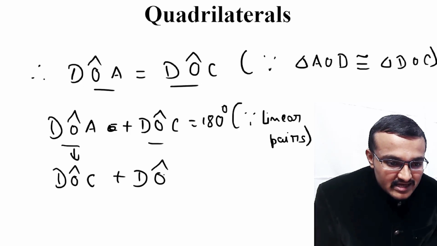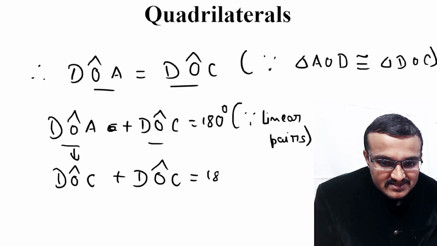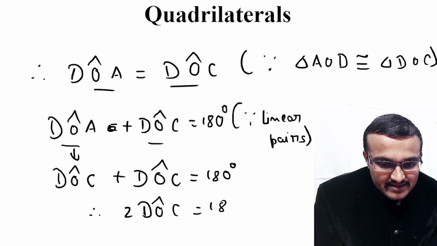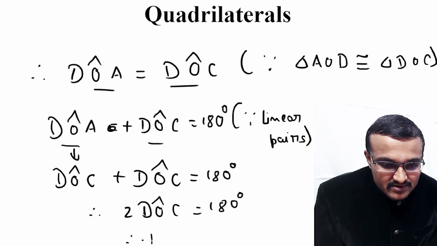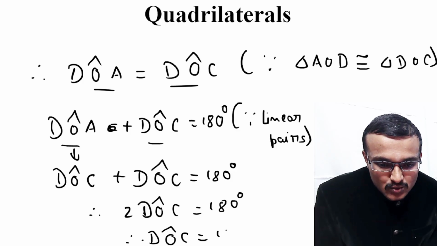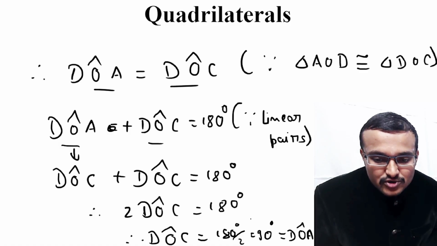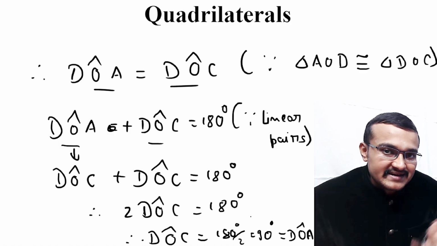So DOC plus DOC is equal to 180 degrees. Therefore 2 DOC is equal to 180 degrees. So DOC is equal to 180 degrees divided by 2, which is equal to 90 degrees. So DOC is equal to DOA is equal to 90 degrees.